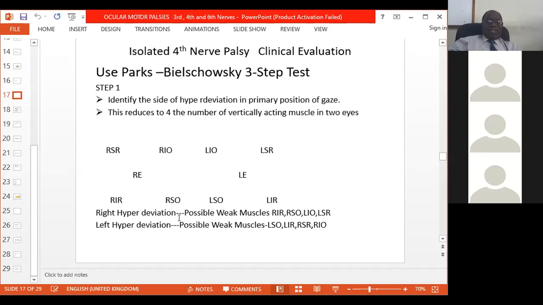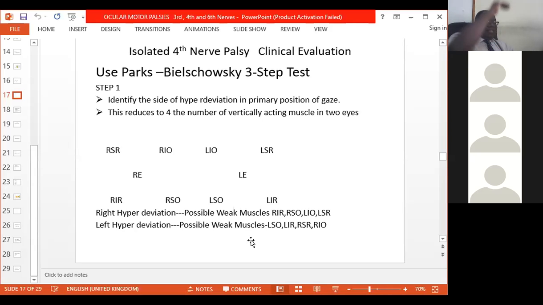Left hyperdeviation, possible weak muscles. If this is the left hyperdeviation, these are weak in the left, the depressors, or these are weak, the elevators in the right eye. That's what is here. These are the four muscles.